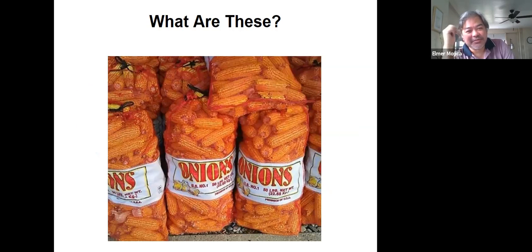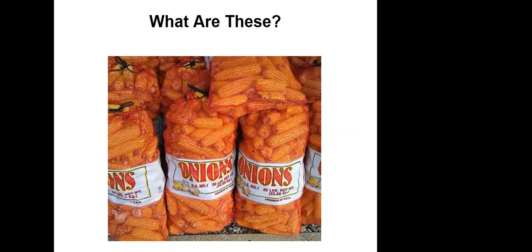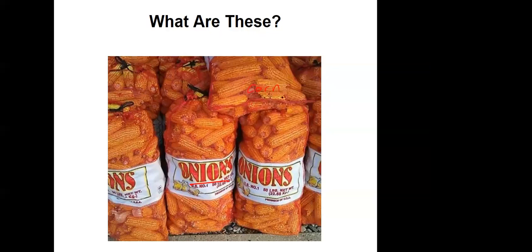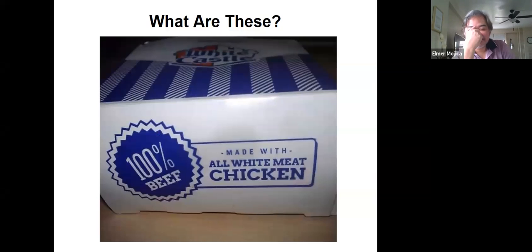So I just got it from the internet. Okay. So obviously these are not the one that you're selling, right? Are these onions? What are these? It looks like the one that they're selling. This is corn. Right? How about this? What's the problem here?